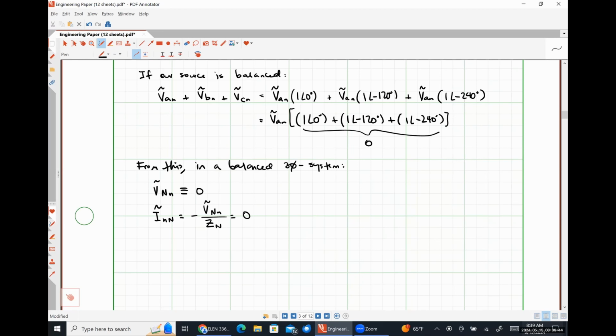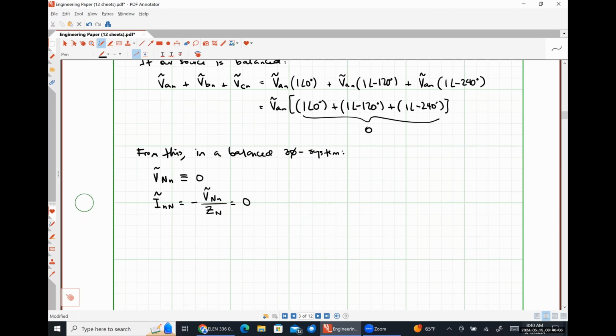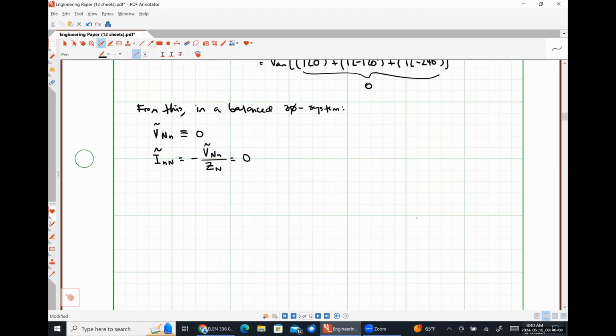Meaning if there's physically no neutral conductor there, in a balanced three-phase system, we can still treat it like a perfect wire. That is something that we are going to use in our analysis in a little bit to make how we analyze these circuits under balanced conditions significantly easier. Okay, so now let's look at some other quantities.